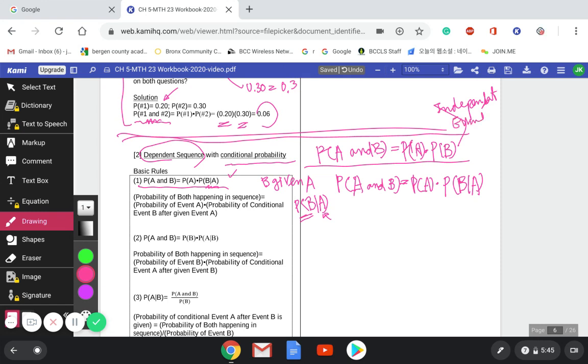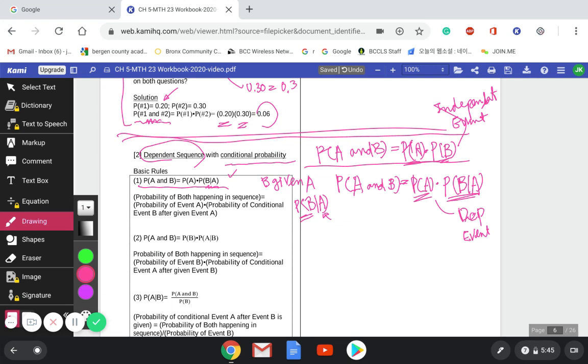The formula looks a little different. When you do the calculation, it's a number, so it doesn't look that different, but you have to be careful which number to use. That's what makes this type of question a little confusing to many of my students.